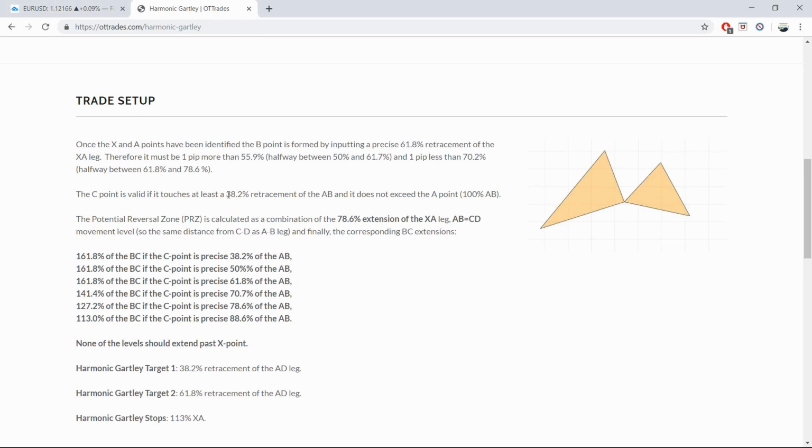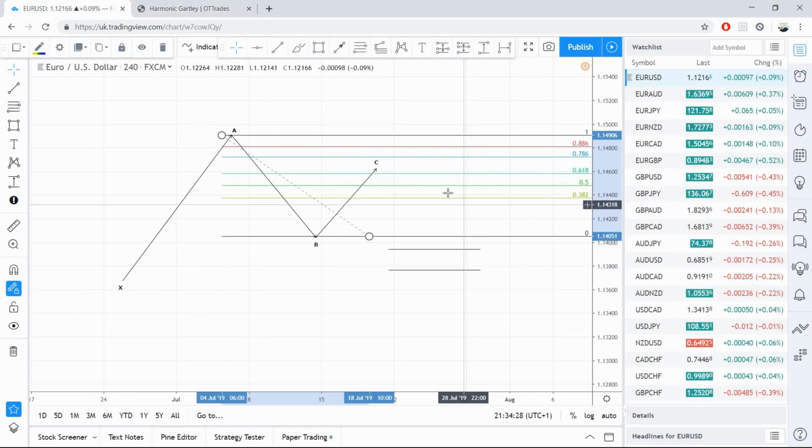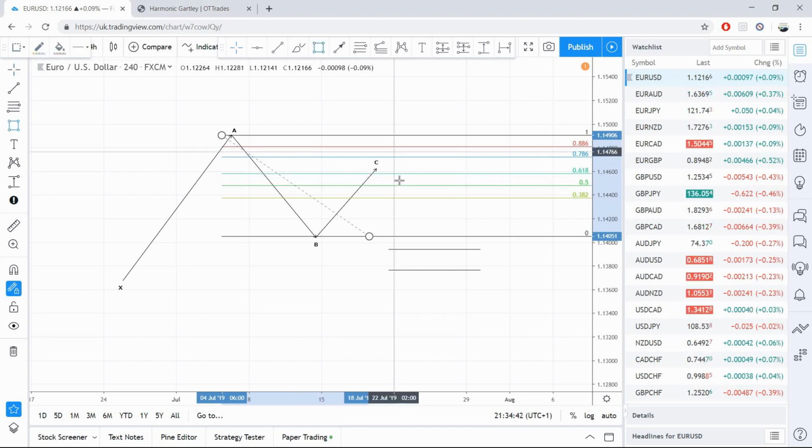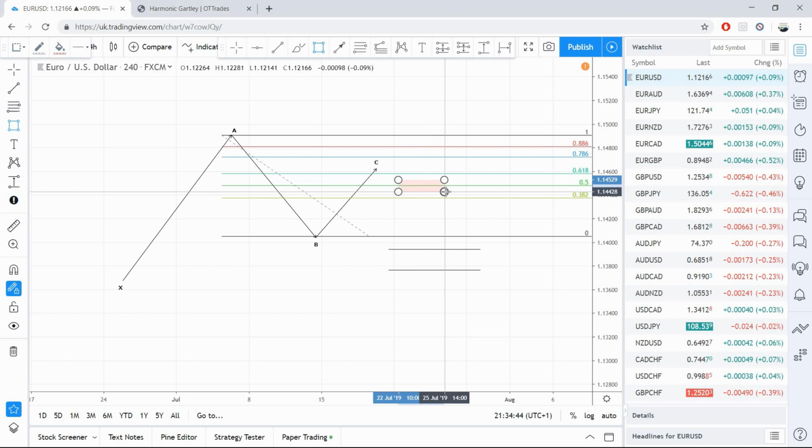Remember, that could fall between the 382 and 100%, so we can hit all of these Fibonacci ratios. We could have it a precise 382 if it's closer to the 382 than 50%. We can have it a precise 50% if it's closer to the 50% than the 382 and 618. If it falls between this sort of area here, that's precise 50%.